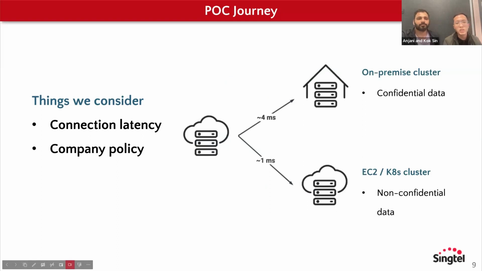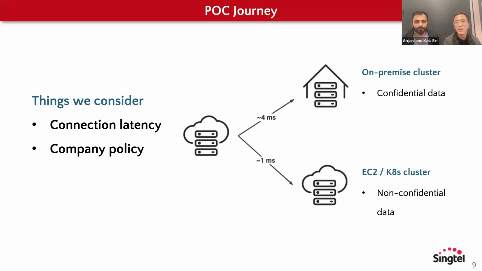Next, I would like to share on our POC journey on selecting the cluster. So we went on to try out each and every single cluster setup. We tried on EC2, Kubernetes, and also on-premise. We found that there isn't much difference between the cluster options except for connection latency.